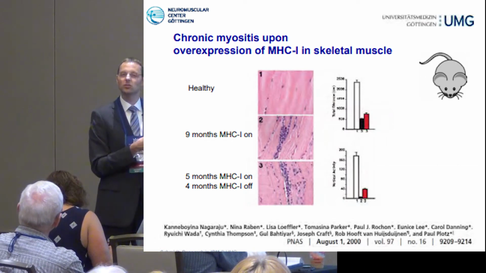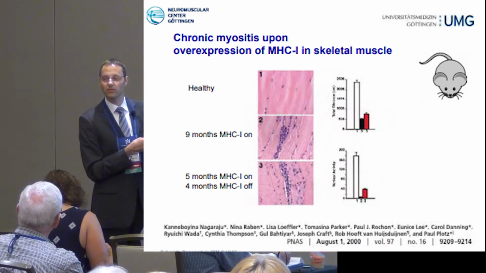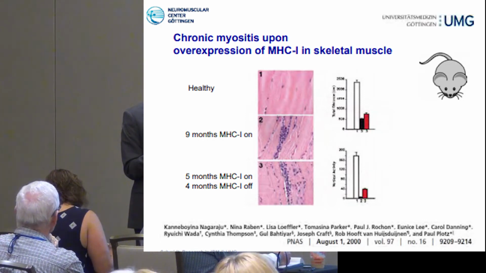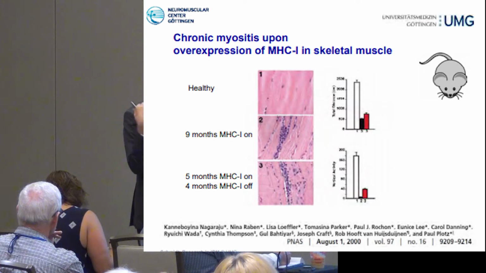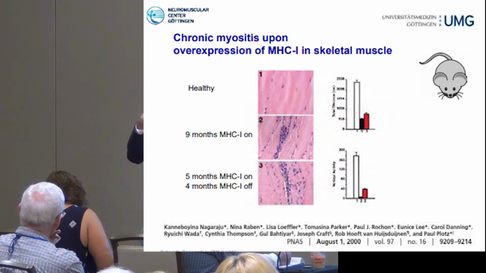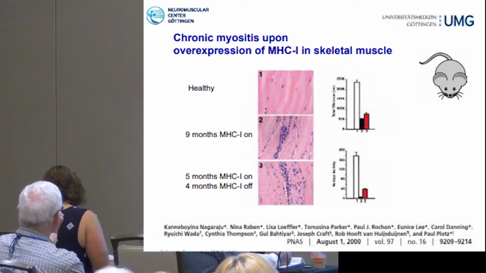Initially they wanted to create a model for polymyositis, but they failed because they thought they could turn it on and off. It was called a tetracycline model, where the mice are fed with or without tetracycline, which is an antibiotic to kill pathogens.